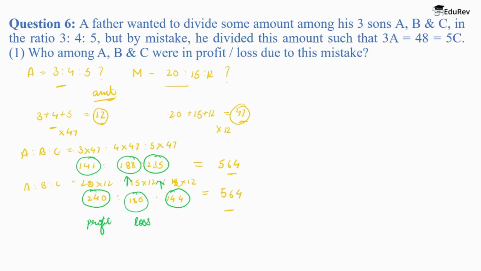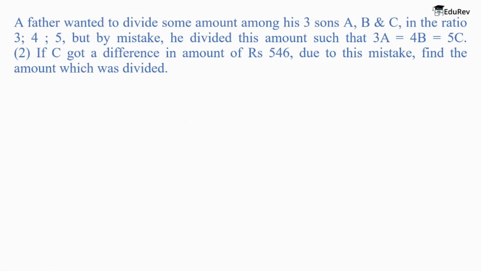So 235 is also greater, so C is also in loss. So this is a very simplified method of doing this. You can solve by taking the amount which was the same and converting the ratio to the same.